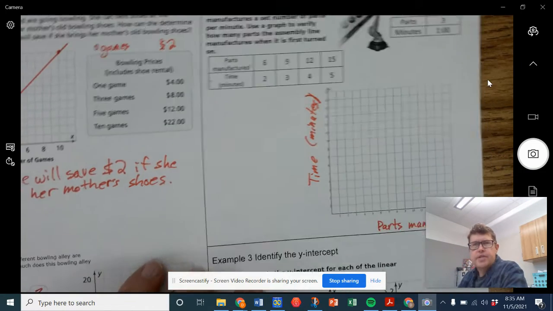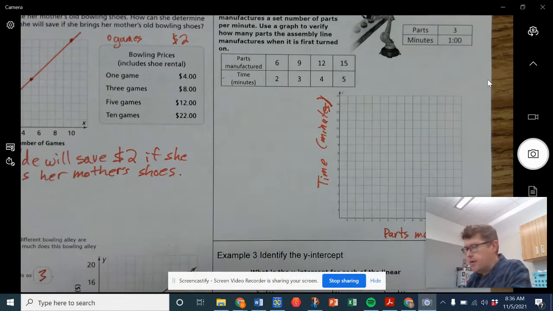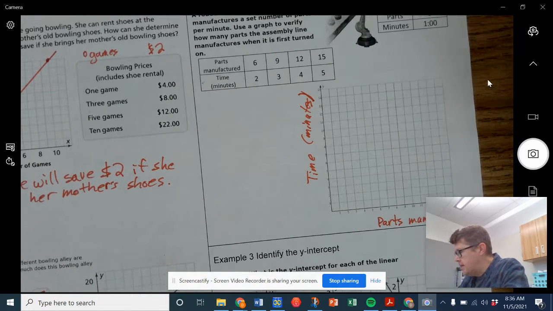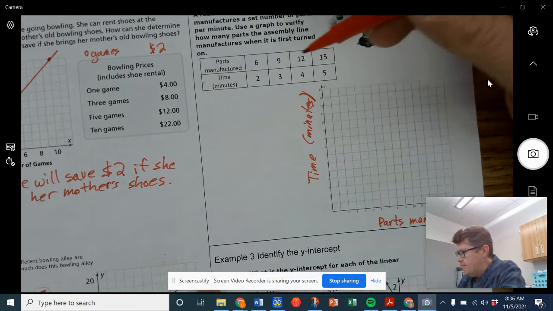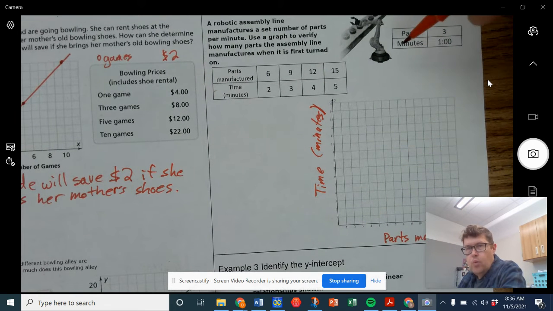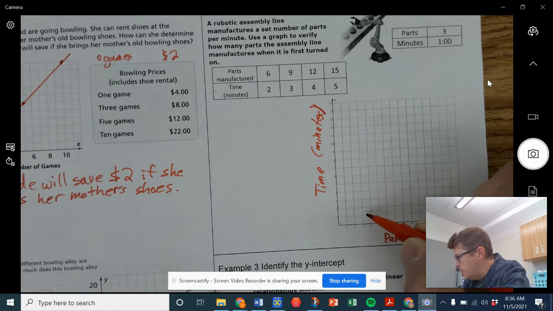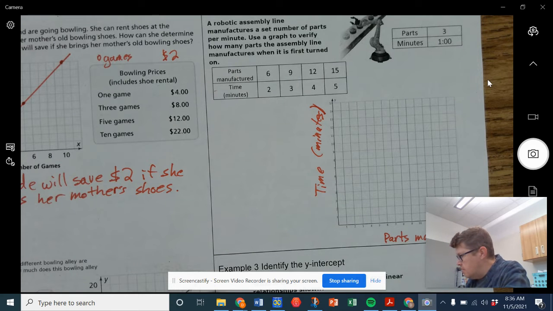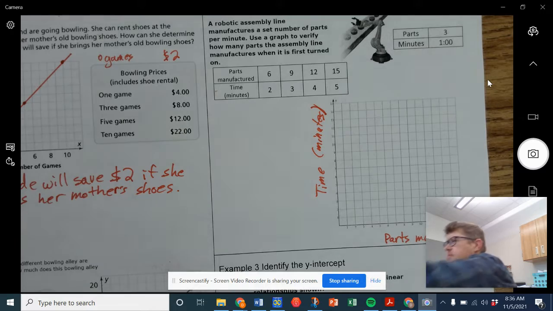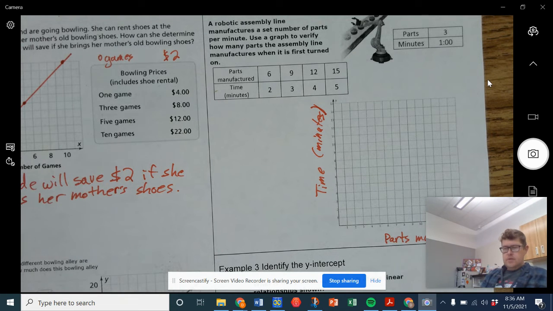Parts manufactured. Okay, so we've got a graph. Parts manufactured per minute. So we've got 5 points we can put on here. We've got 1 minute. It's manufacturing 3. Oh, actually, is that how they set up the graph in here? Let me double check here.